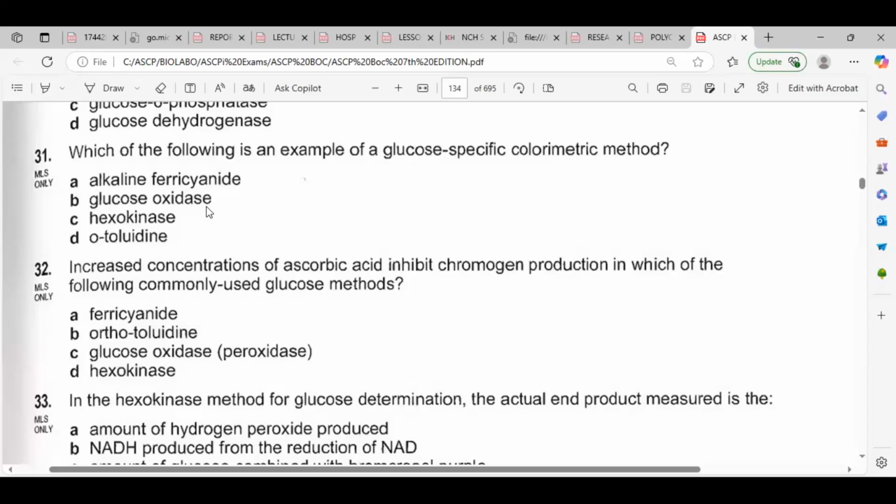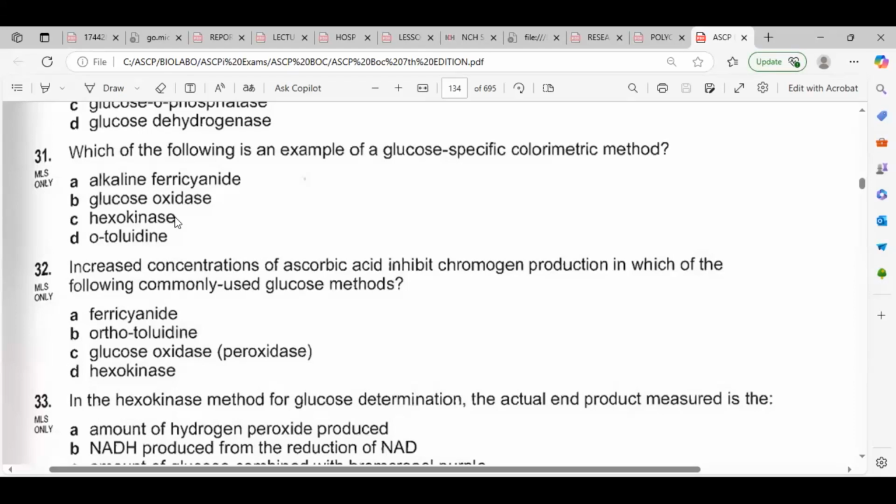Mostly hexokinase uses a spectrophotometer, not a colorimeter. What I'm trying to understand is that in the hexokinase pathway there is no formation of a colored product, and yet in colorimetric measurement, we need color to be formed so that it can be measured.